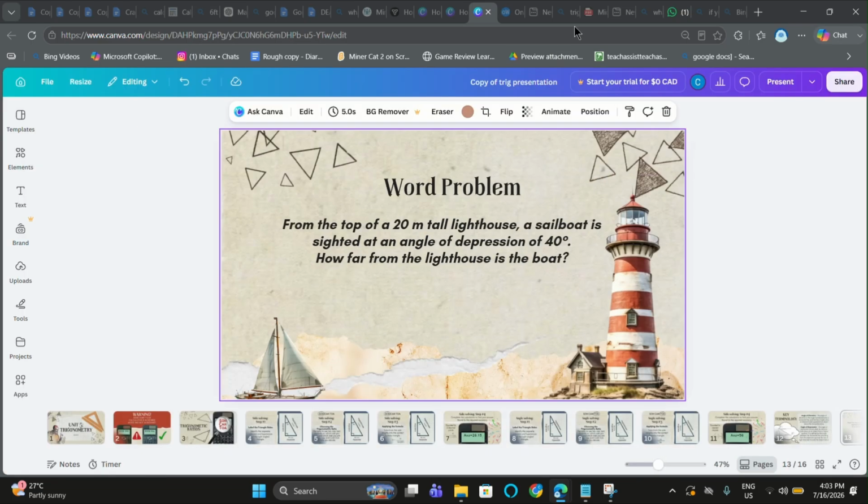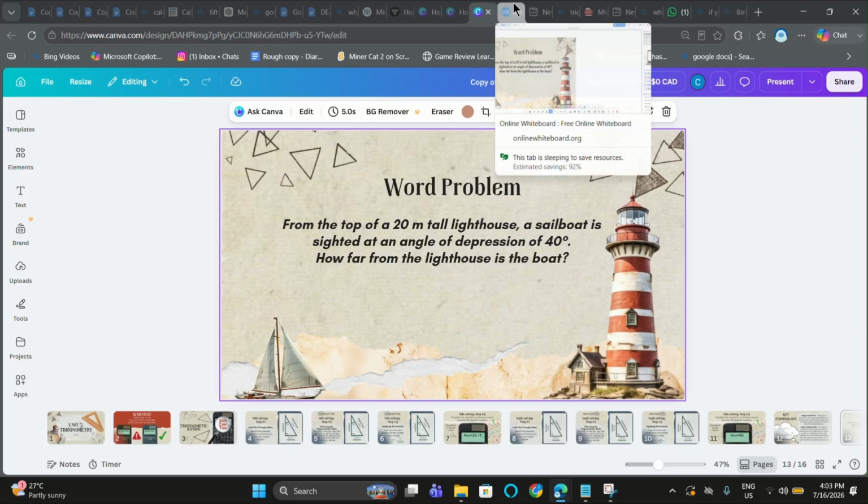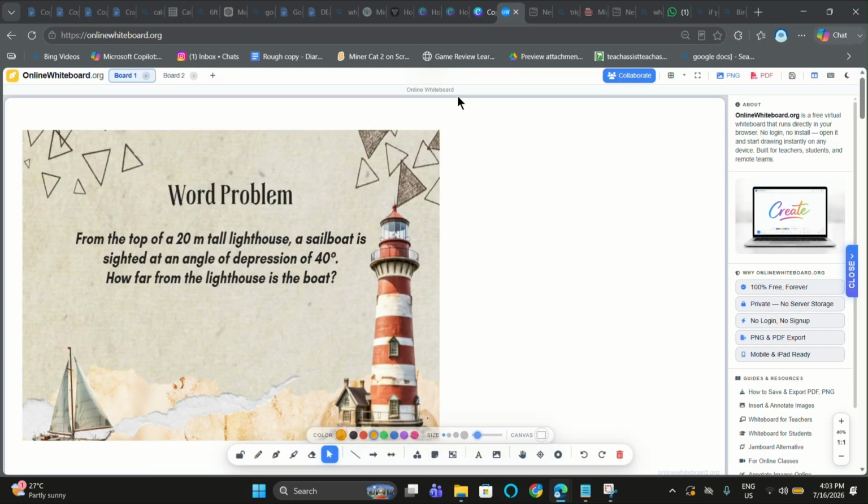Now we're going to try a word problem for this. So I'll do this word problem in here, I believe. So let's try this. From the top of a 20-meter tall lighthouse, right? So we know that this is 20 meters, right?